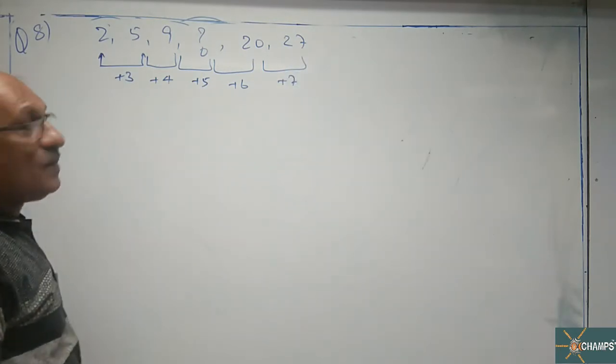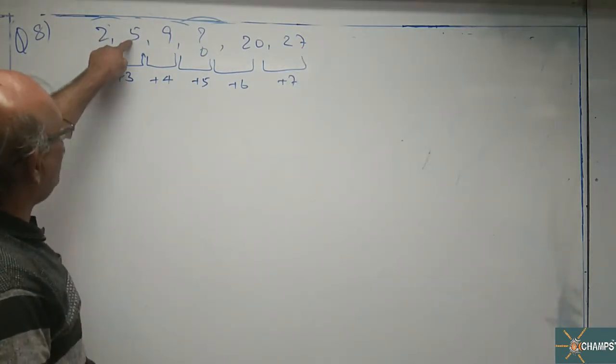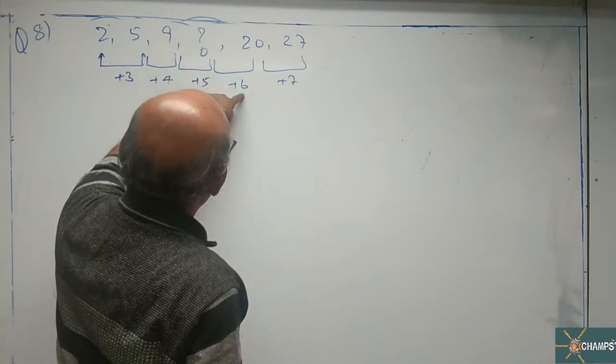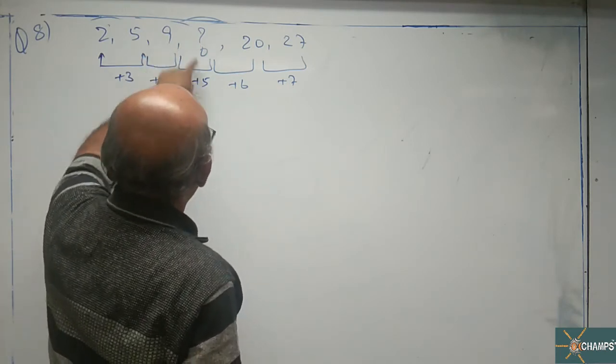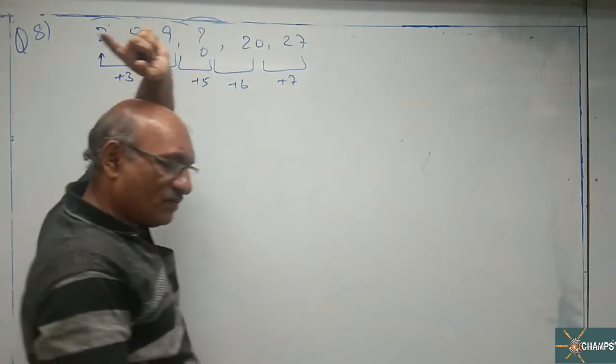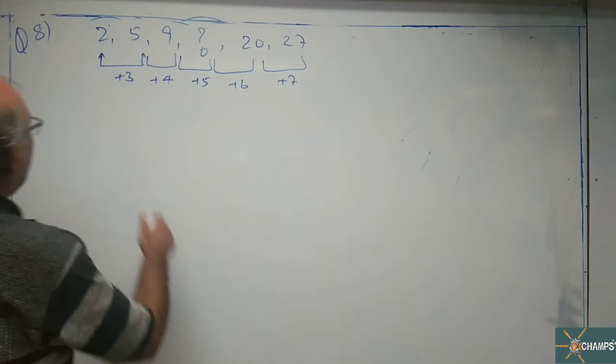Let us see, sir, 2 plus 3, 5, 5 plus 4, 9, 9 plus 5 is 14, 14 plus 6 is 20, 20 plus 7 is 27. Fine, sir. Let us see.